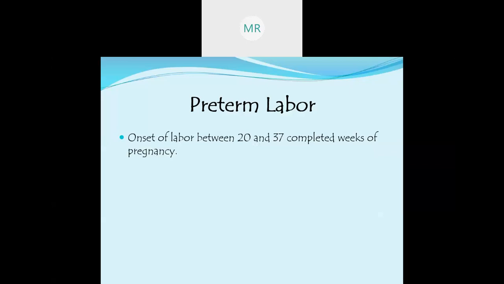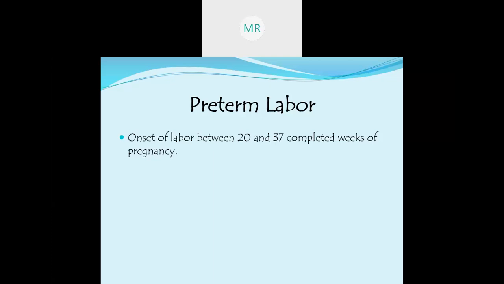We're moving along to preterm labor. You're seeing some different definitions in-house at the hospital, where we could call late preterm 34 and a half to 36 and a half weeks. Preterm labor, causes of preterm labor.